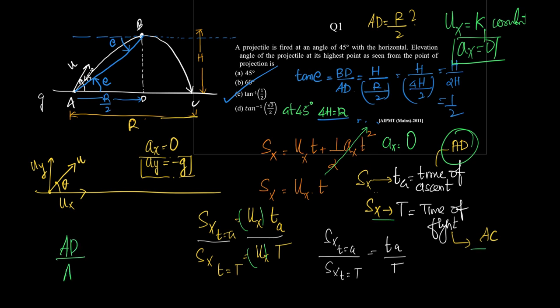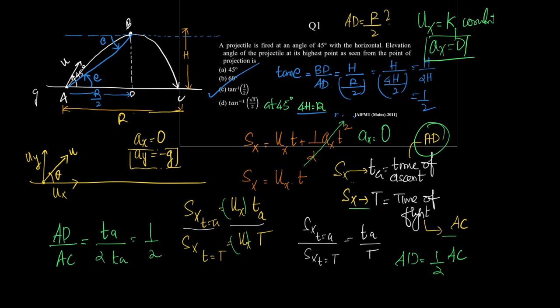It is AC, equal to Ta by time of flight. Time of flight is basically, we know, 2 times time of ascent. So this becomes 1 by 2. So in short, what we get is AD is equal to half into AC.